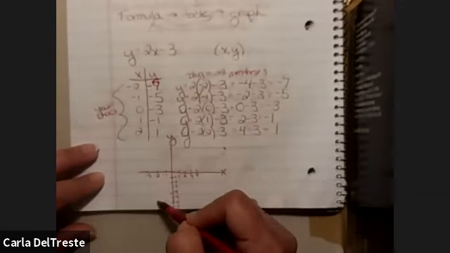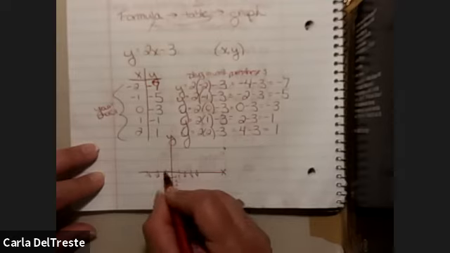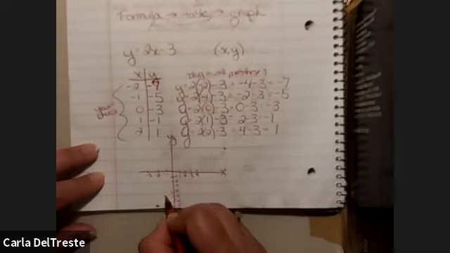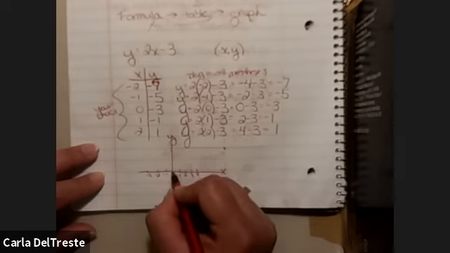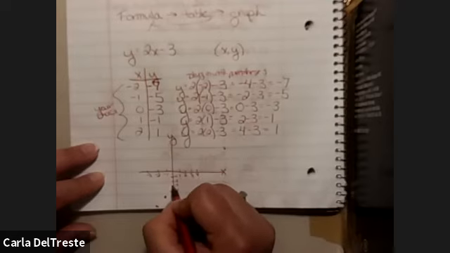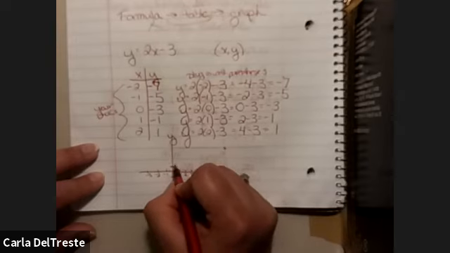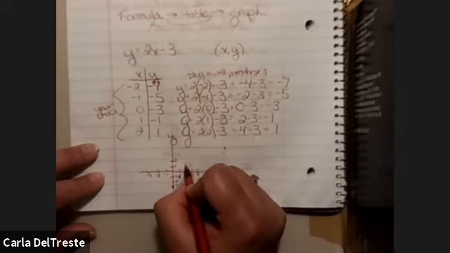So -2 in the x direction, down to -7, plot a point. -1 down to -5, plot a point. 0, so I don't move, down to -3, plot a point. 1, -1, and then 2, 1. I can see that this falls on an obvious pattern.